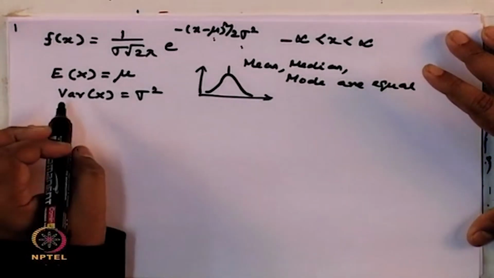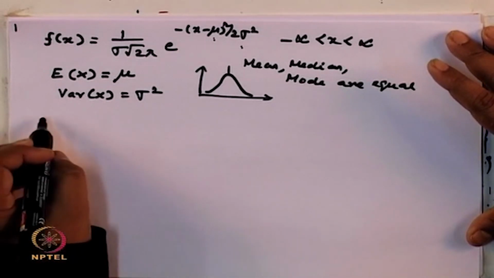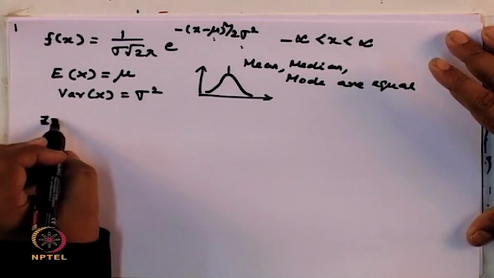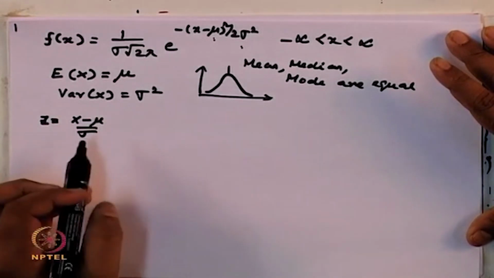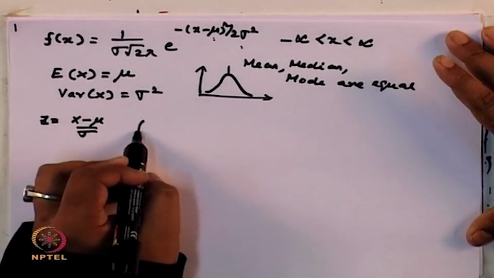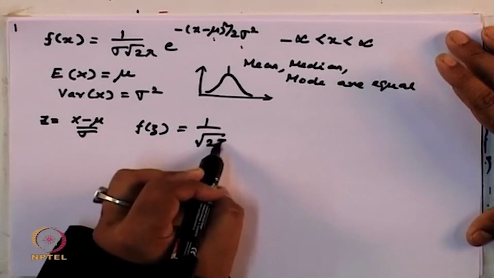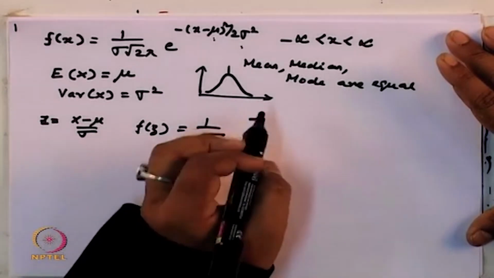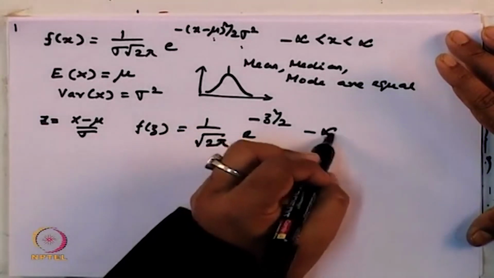Now, from this random variable you can convert it into a standard normal variable, which is typically given by this expression z is equal to (x minus mu) by sigma. If you do this, then instead of f of x, you will have f of z, which turns out to be 1 by root 2 pi e to the power minus z square by 2.